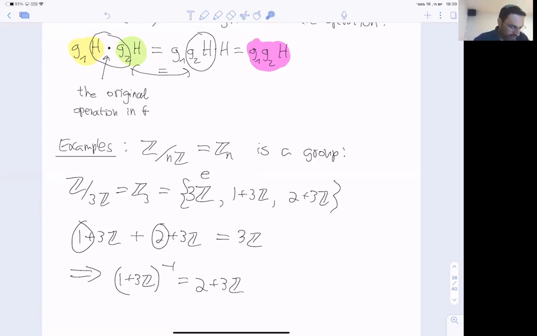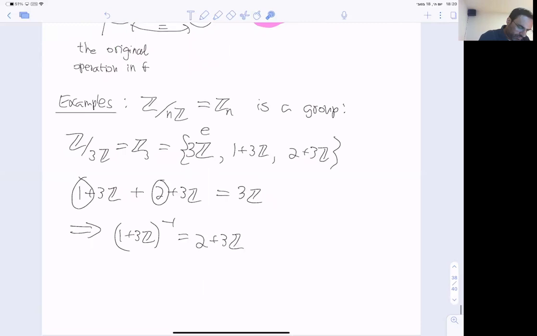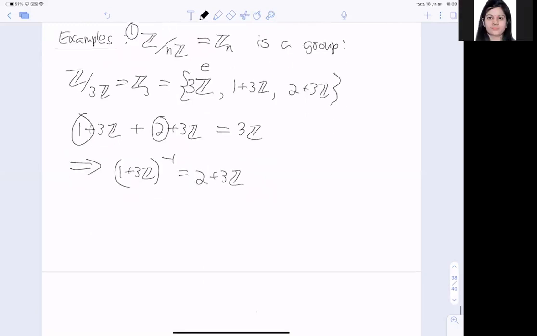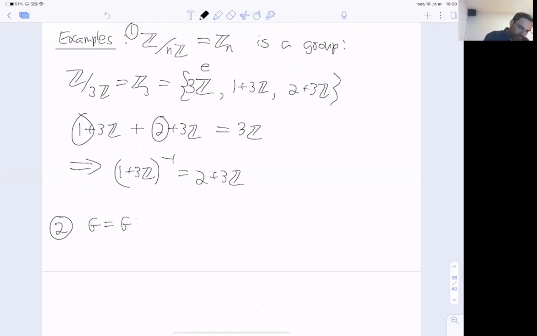Okay, let us see another example. Think of G as GL. Believe me for now, and I will show it later.